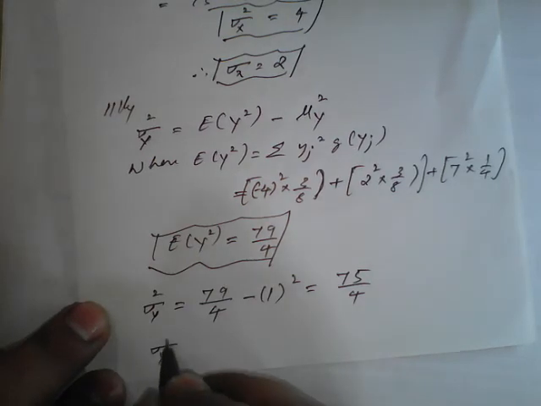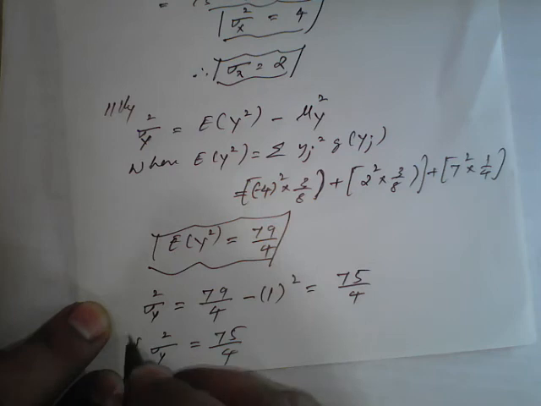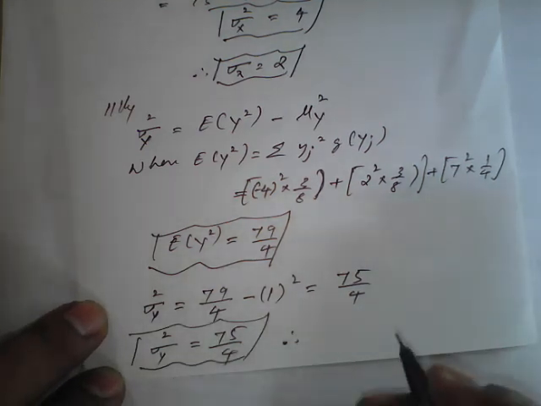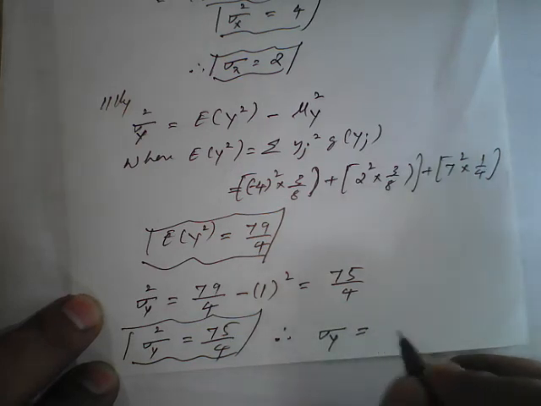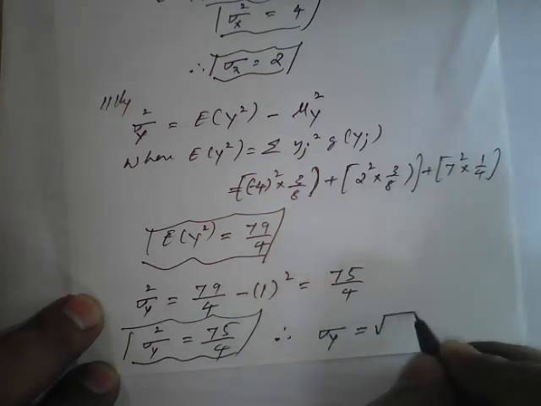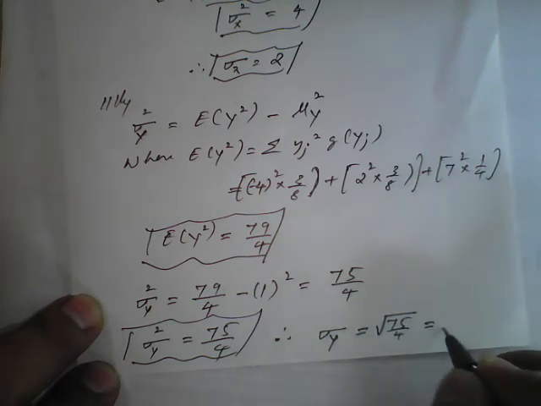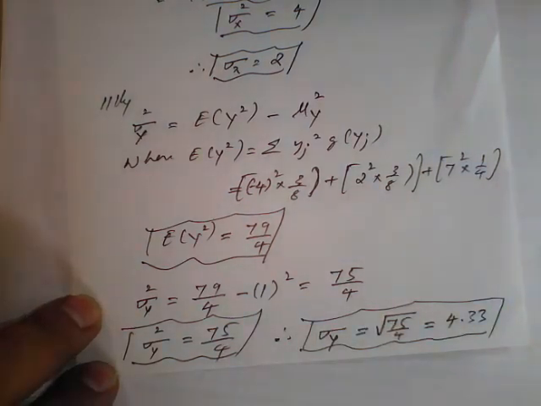So variance of y is 75 upon 4. Therefore standard deviation of y is square root of 75 upon 4, which is 4.33. So we got the third result.